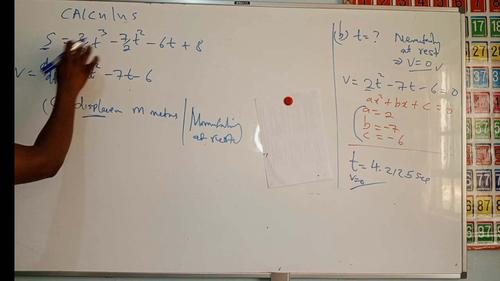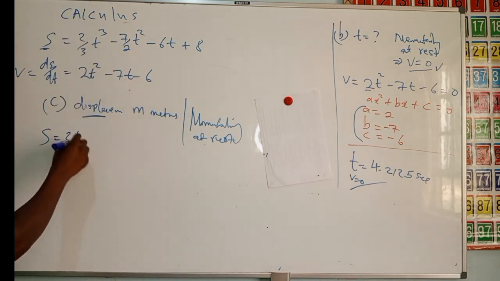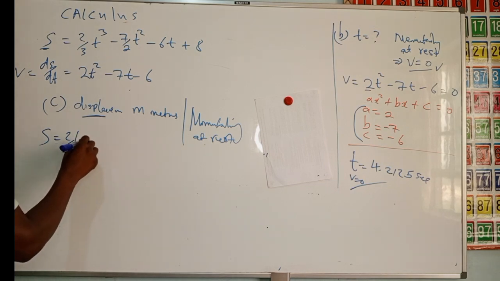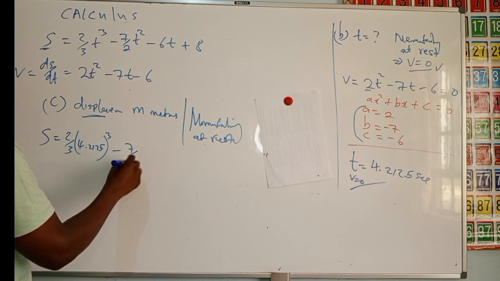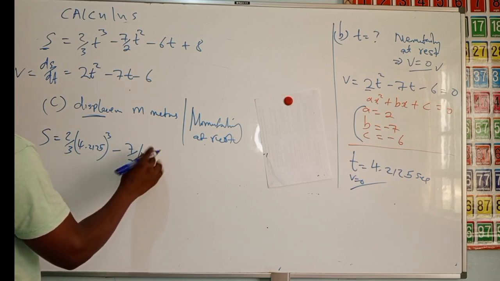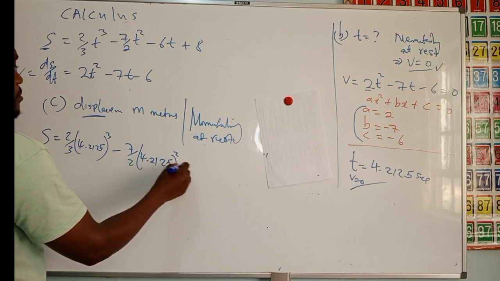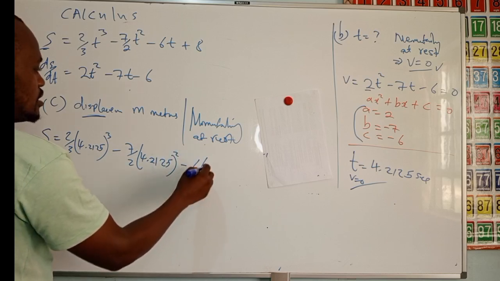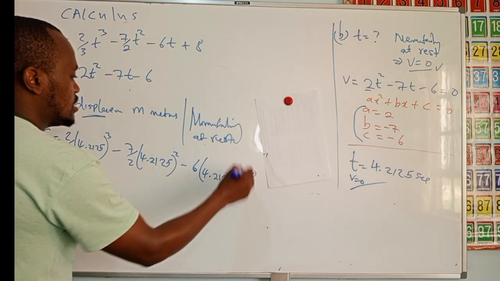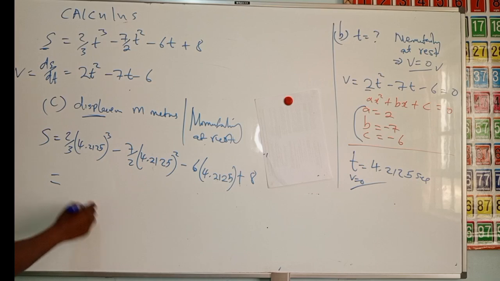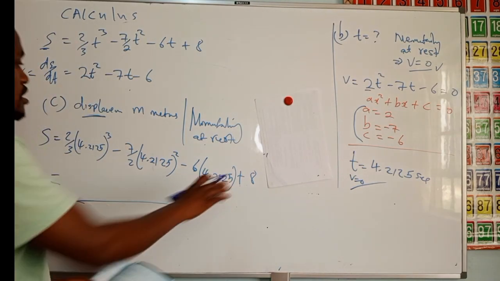So you just take this and replace t, so s equals 2 over 3 times 4.2125 cubed minus 7 over 2 times 4.2125 squared minus 6 times 4.2125 plus 8. Then the answer that you get, you write in meters. You can confirm this on your calculator.